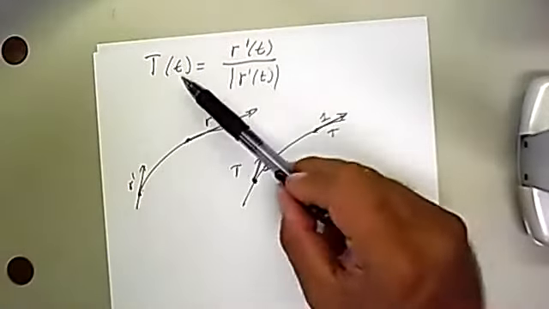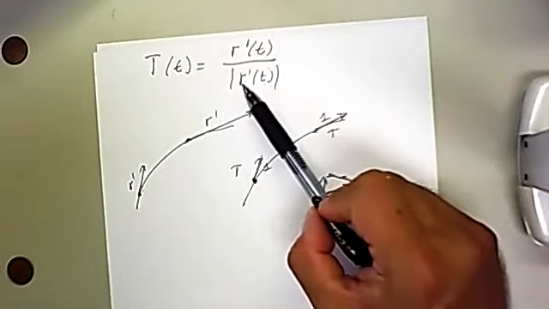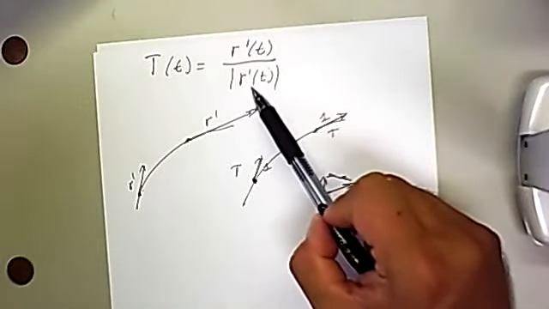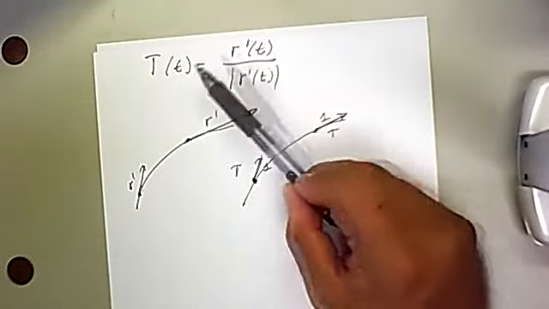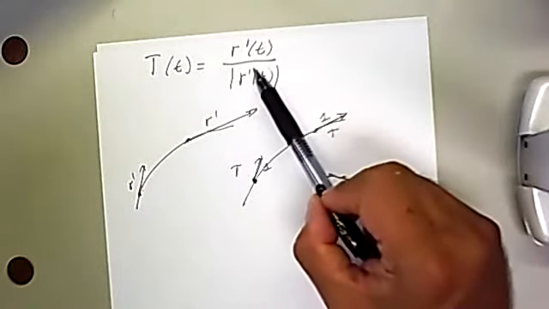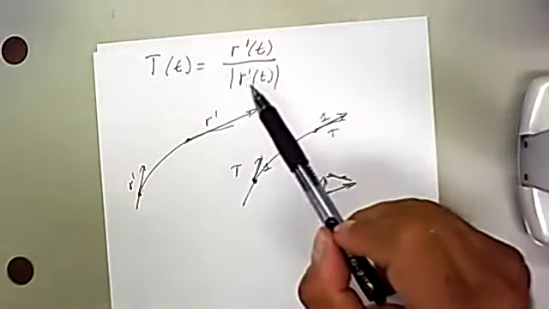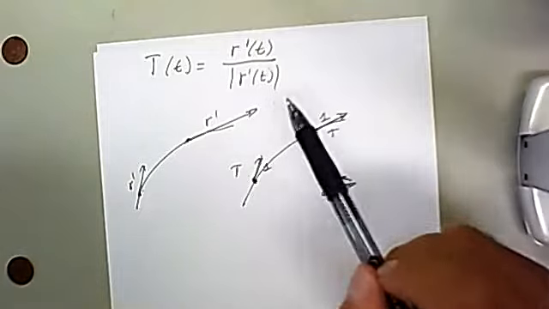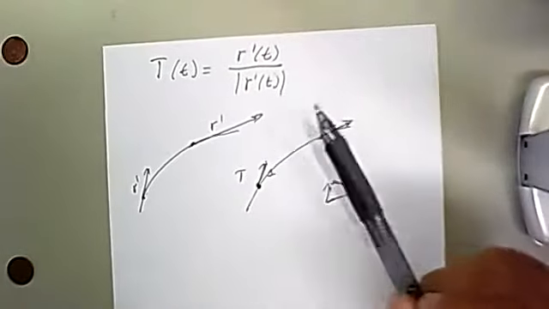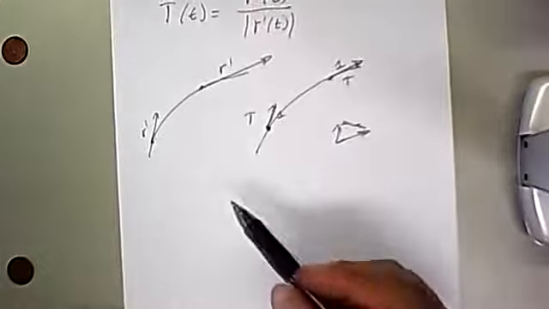By dividing by the length of the vector, we have pure direction. This is what I would call pure direction, because we have a unit length. So we don't have to worry about the length of the tangent vector.